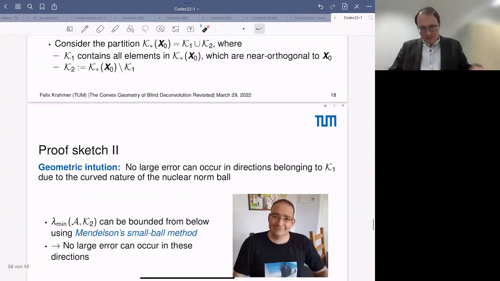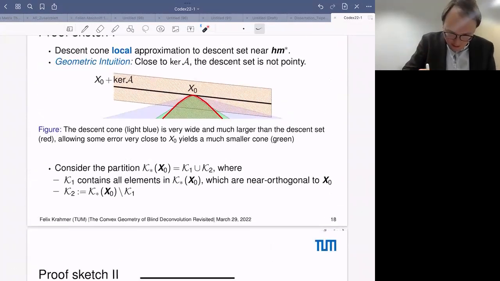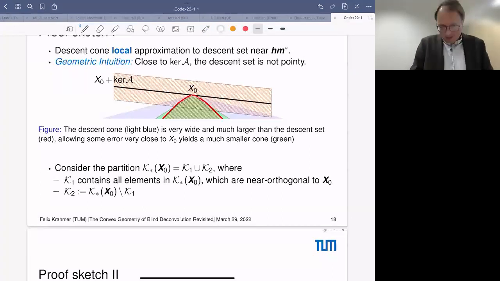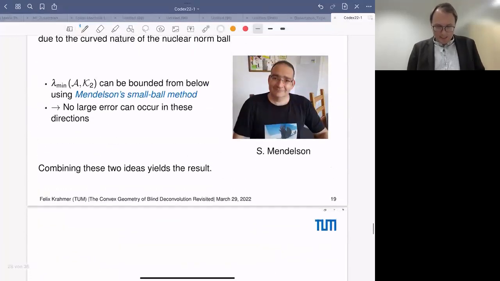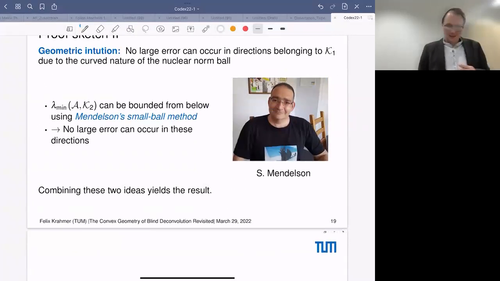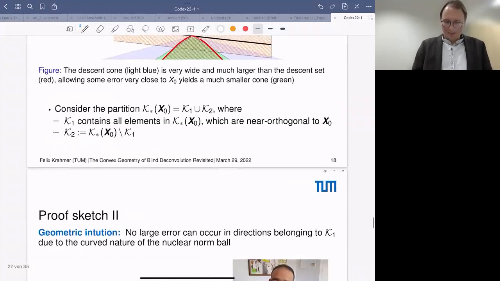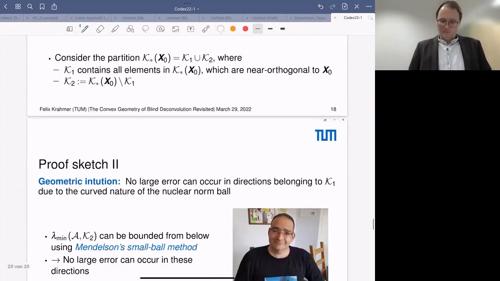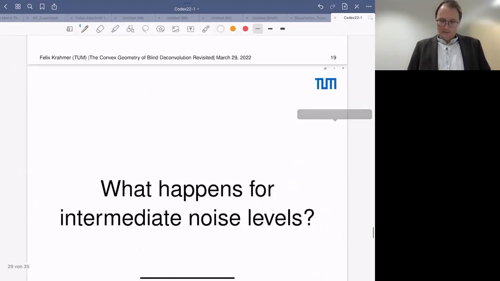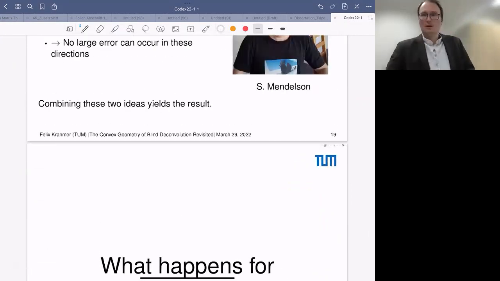We could go tangentially, but just because it's curved, we could go only a tiny little bit, and then it's curving down and we will be leaving the descent set. So we can only go a small step. And on the other hand, for this other, well-behaved part, you can use the Mendelson small ball method as well. Okay, so this is a brief overview of this.